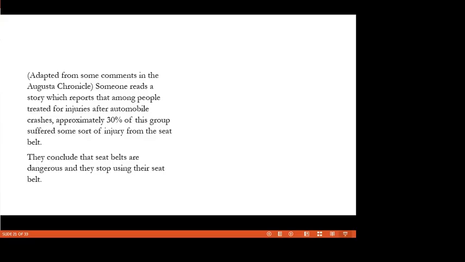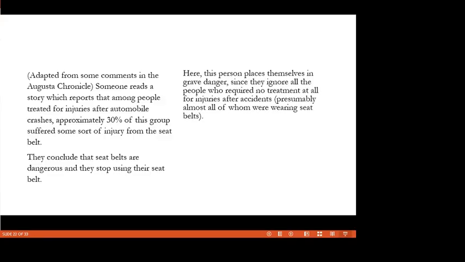So let's make sure we understand why this is not a particularly valid line of reasoning. Now, I hope we all believe that this person is placing themselves in terrible danger, because in this case we're only looking at one particular subset of the population. Here, we're only focusing our attention on people who actually needed to be treated after an accident.